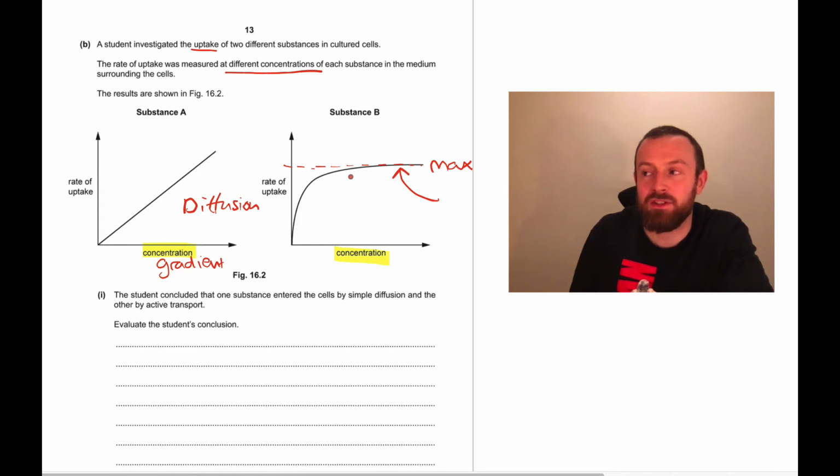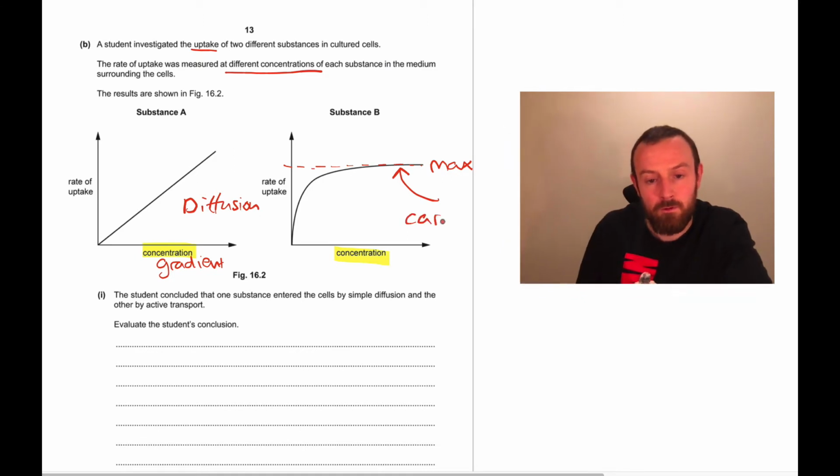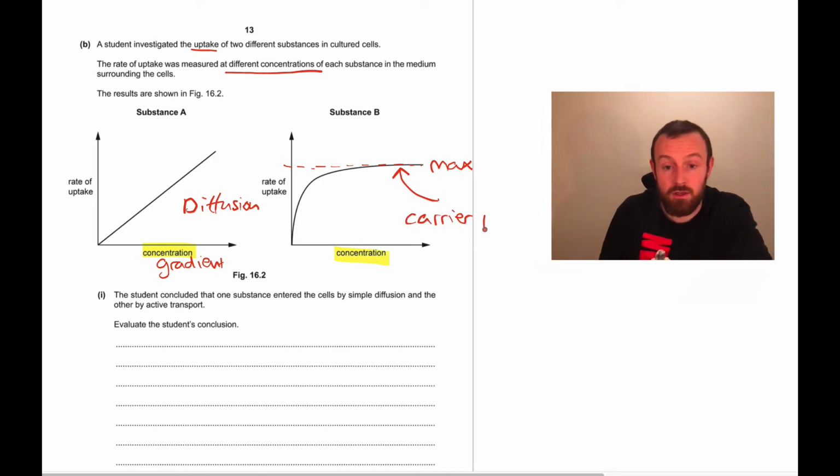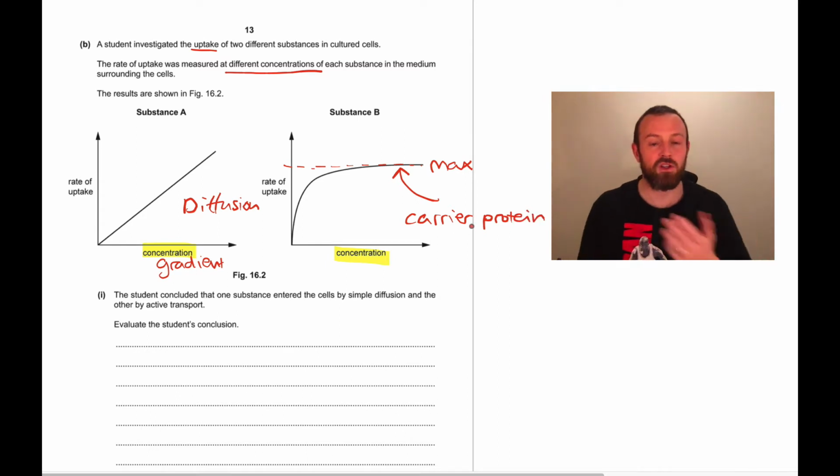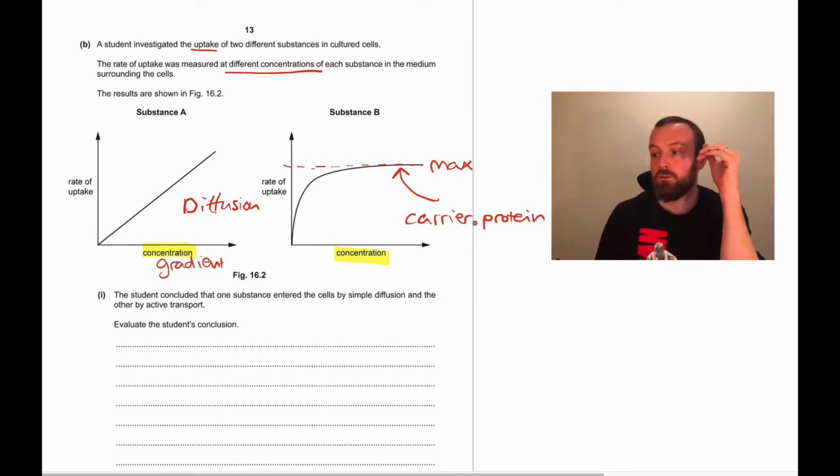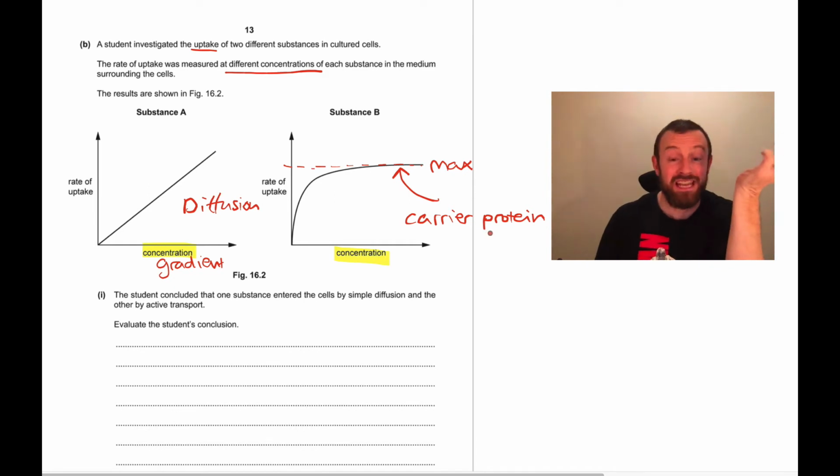So it's not passive, it's not just going through the membrane. Something is limiting. And the thing that is limiting is a carrier protein. Okay, so it could be a protein pump if you're thinking active transport, or a carrier protein if you're thinking that it might be facilitated diffusion. So this one could be active transport, or it could be facilitated diffusion.